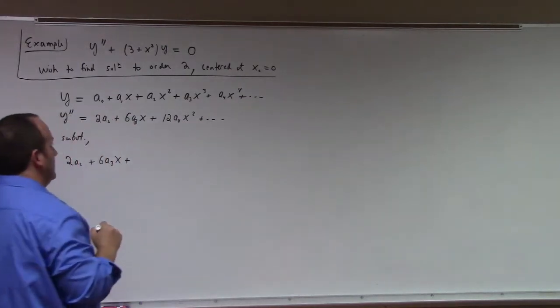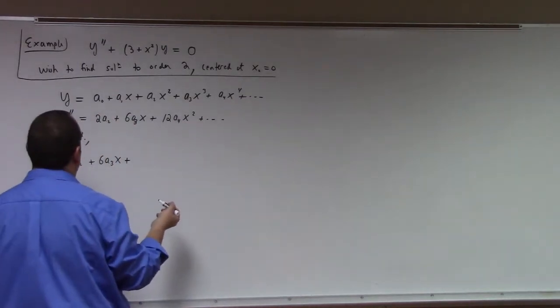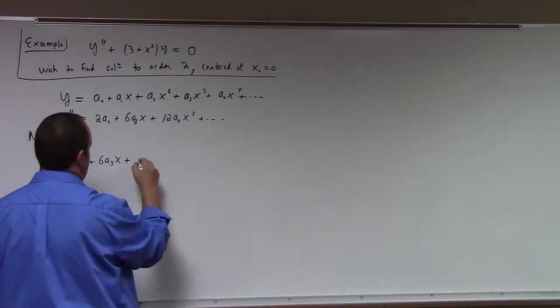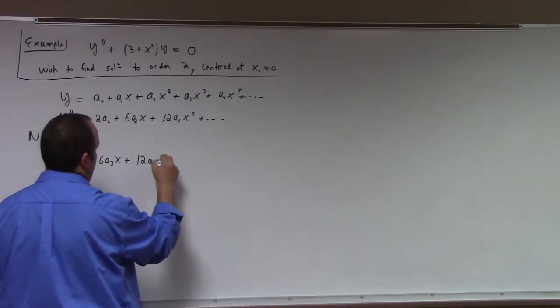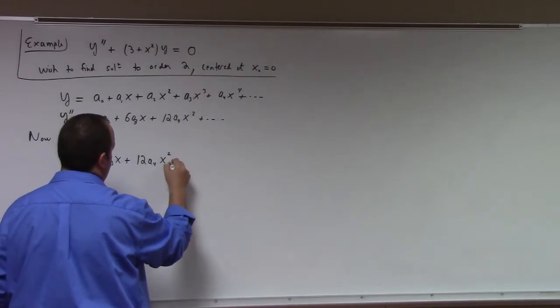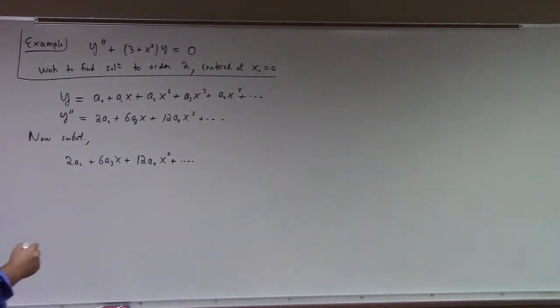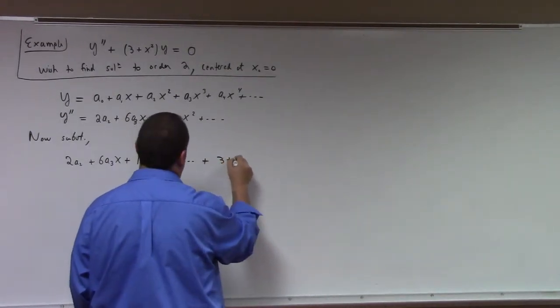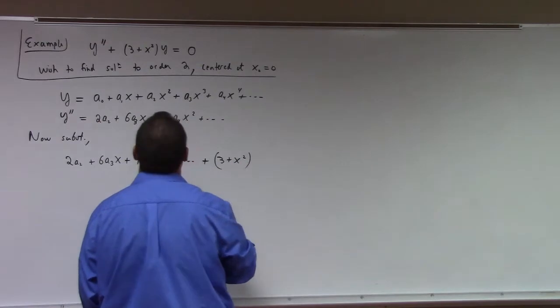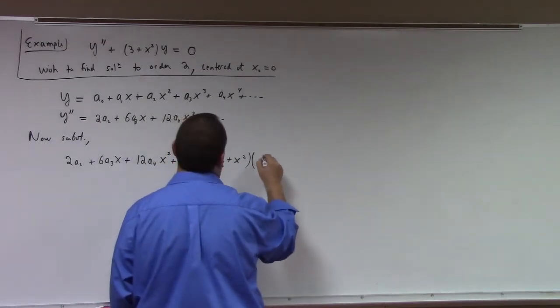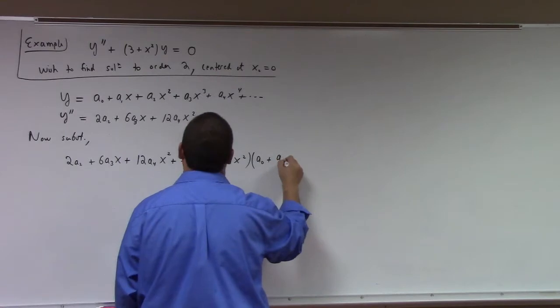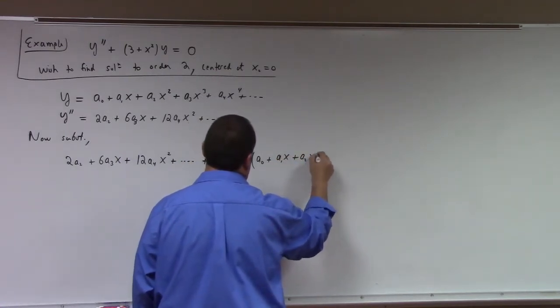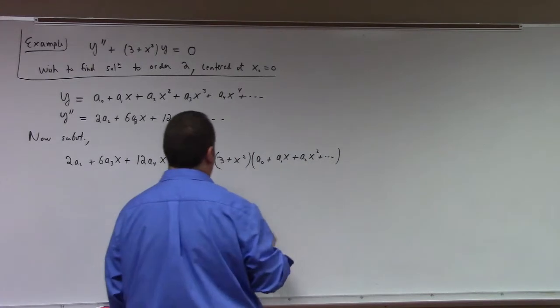Yeah, okay. I'll throw it in there just for good measure. We probably don't even need it. I may find a little more than I asked. Then plus (3 + x^2) times y, where y is a0 + a1x + a2x^2. Now all of that is equal to 0.